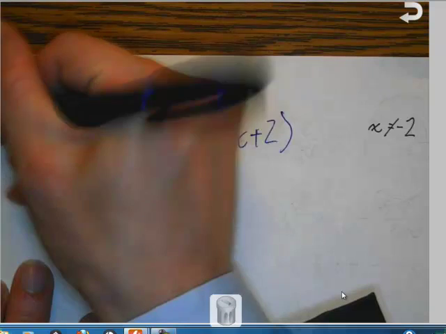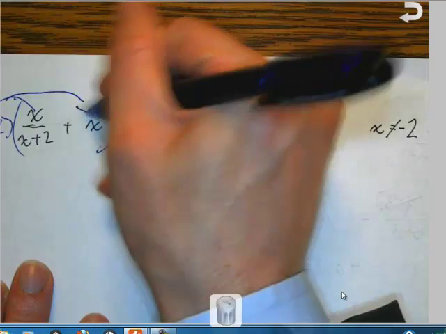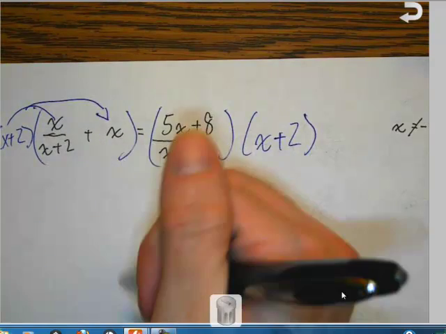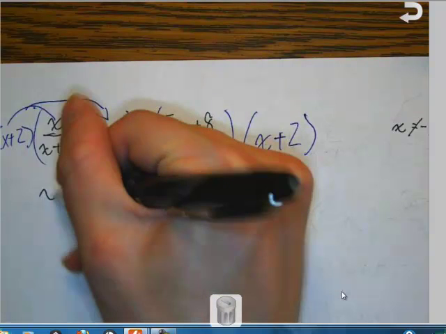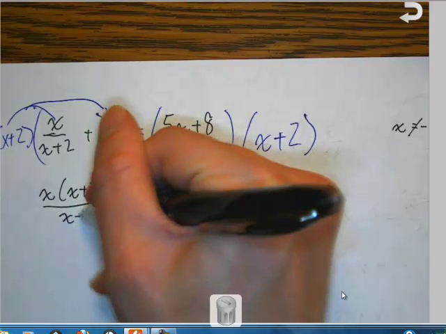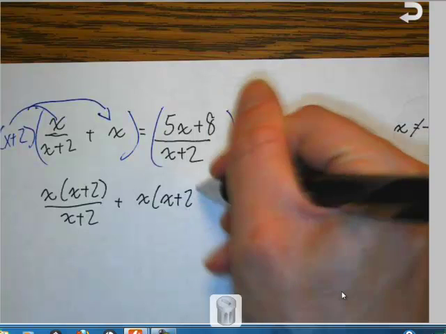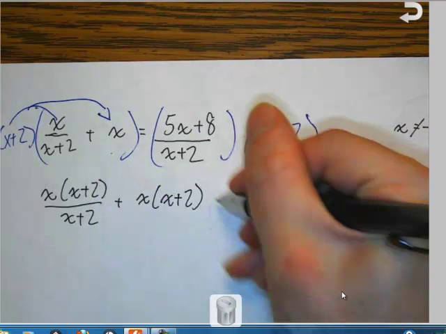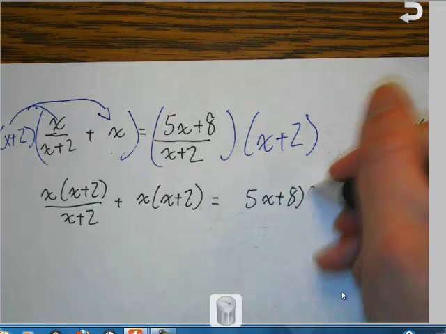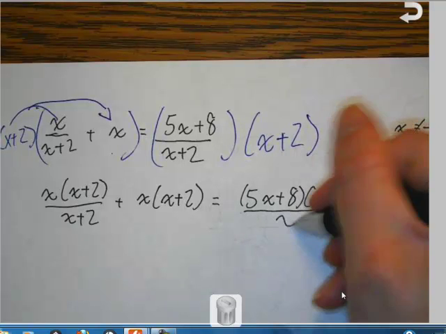Now, we distribute x plus 2 and x plus 2. Distribute here, distribute here. So, you have x times x plus 2 over x plus 2 plus x times x plus 2, because there's nothing that cancels here, is equal to 5x plus 8 times x plus 2 over x plus 2.